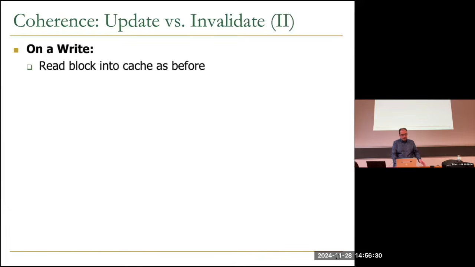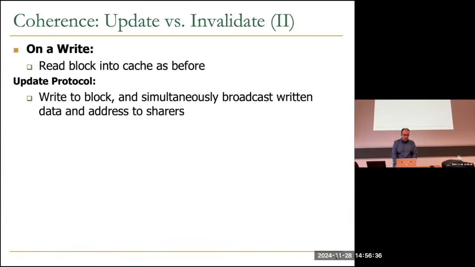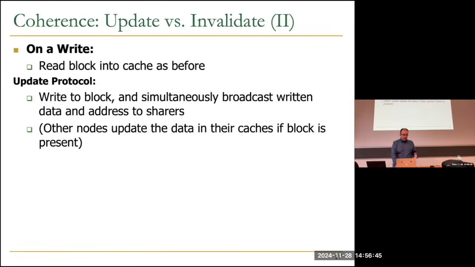On a write request, we read the block into the cache as before. Then for the update protocol, we need to write to the block and simultaneously broadcast the written data and address to sharers. Other nodes update the data in their caches if the block is present.